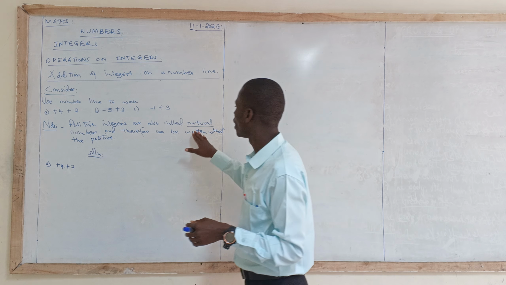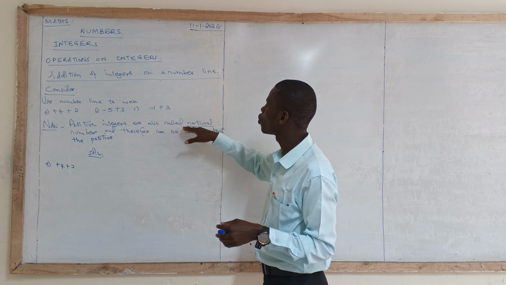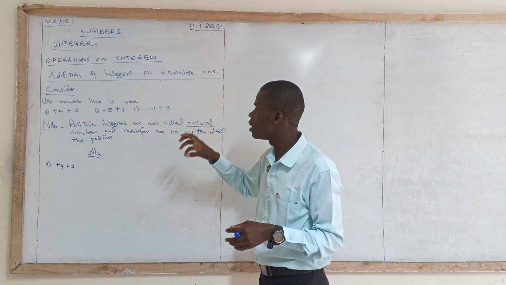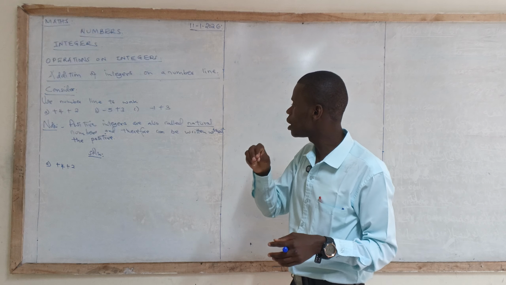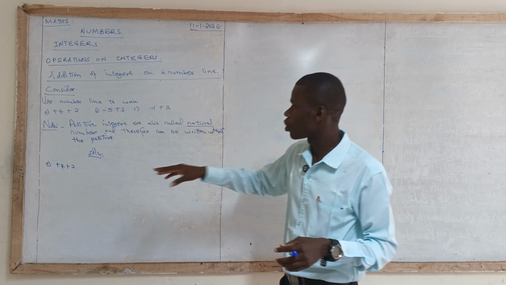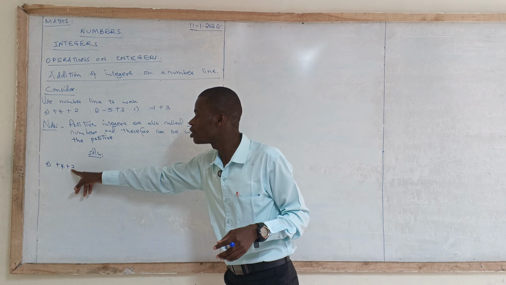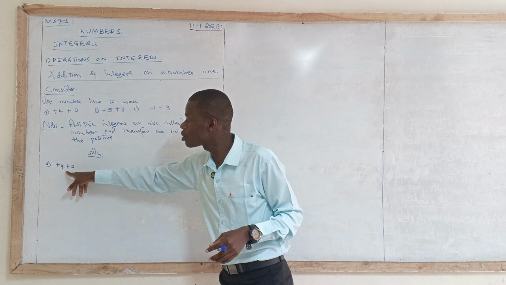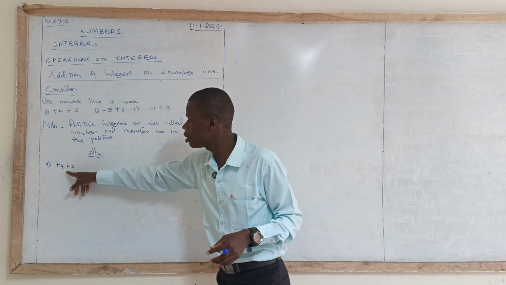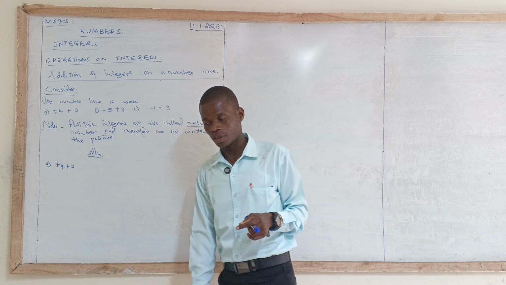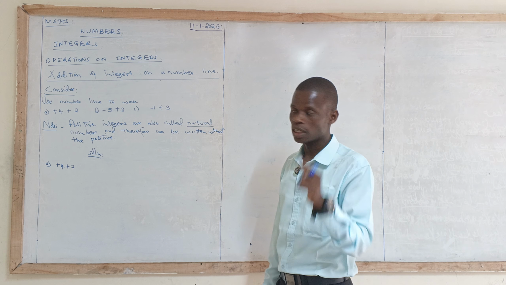Why? Positive integers are also called natural numbers and can therefore be written without the positive sign. So the 2 we have here is positive. This one is the operational sign, which is addition. Then here we have positive 4. You need to understand that.